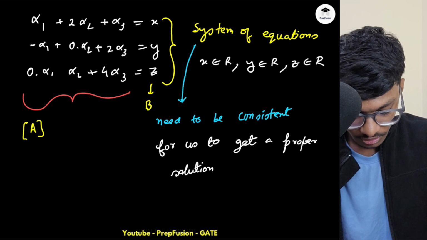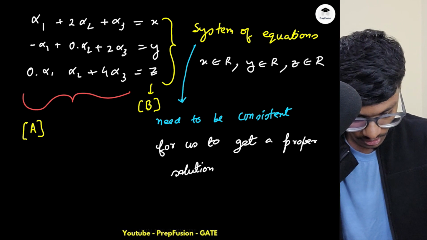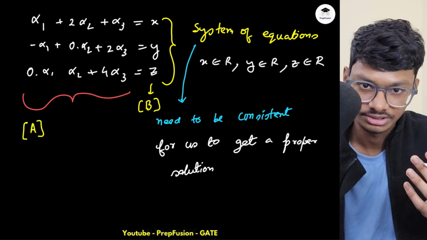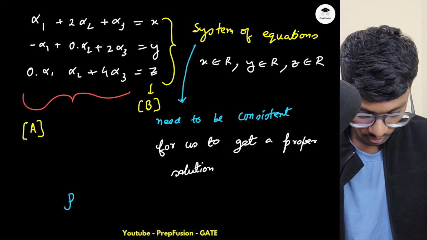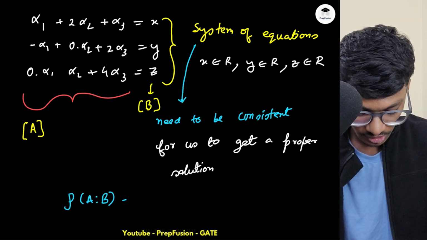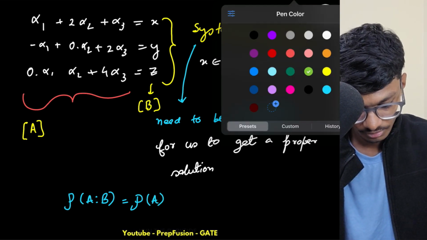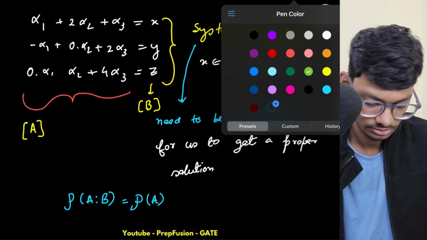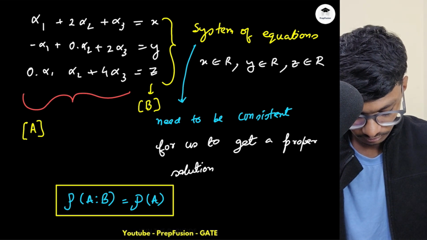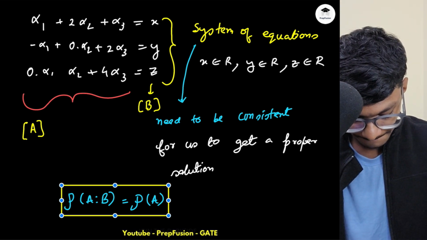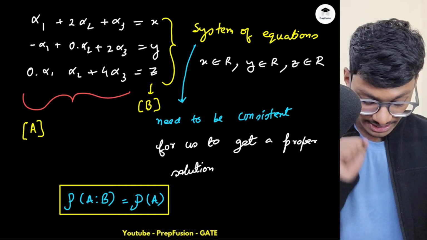So basically, if a system of equations has to be consistent, that means my augmented matrix, rank of AB, has to be equal to rank of A. Right, rank of AB has to be equal to rank of A. So this has to hold.